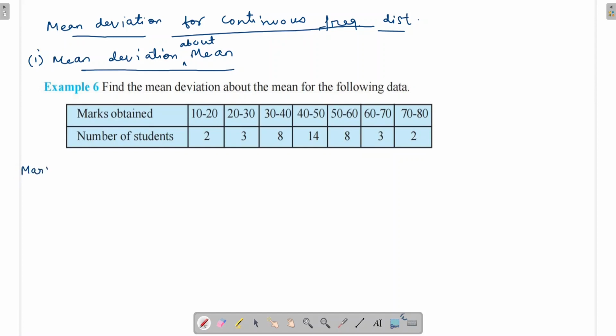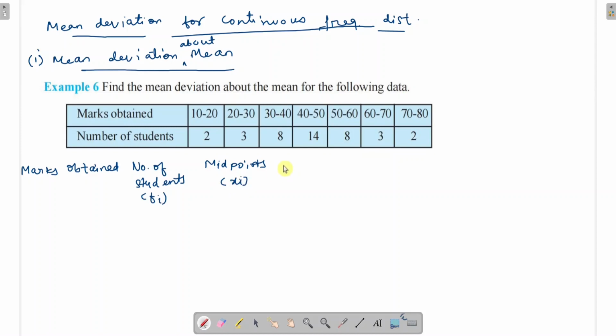Marks obtained, then we have number of students, which is nothing but fi. Now we have to write the midpoints, that is xi.